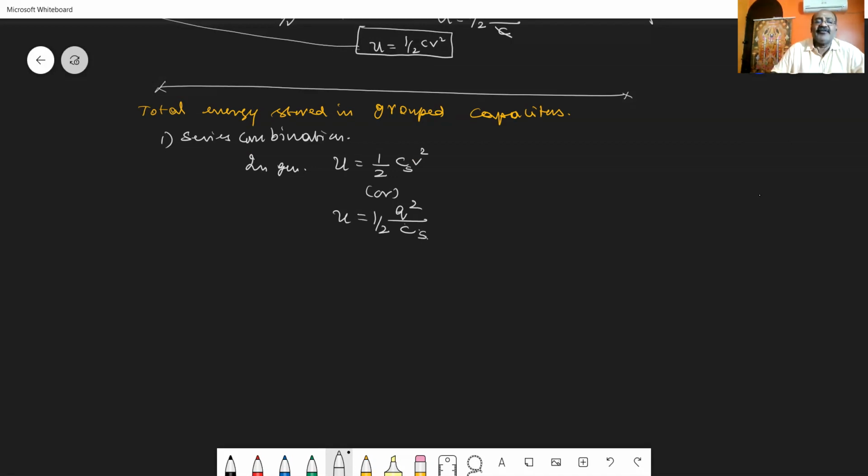So I can write half into Q square into 1 by CS.